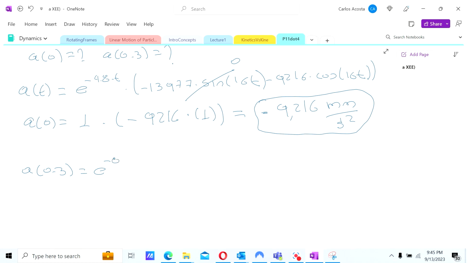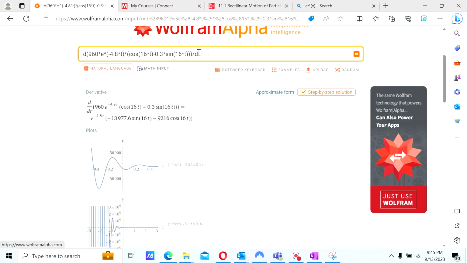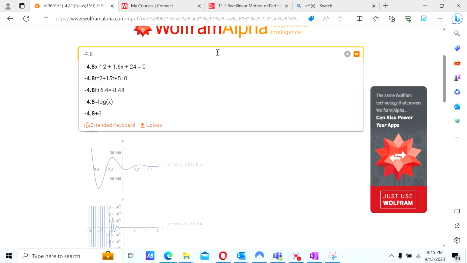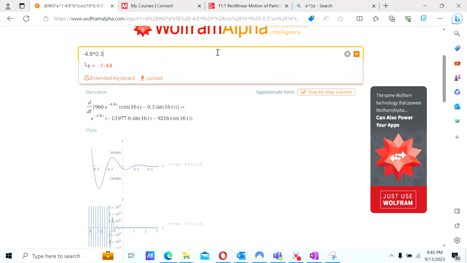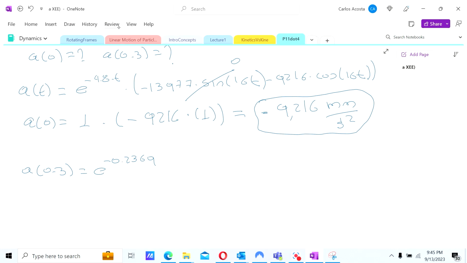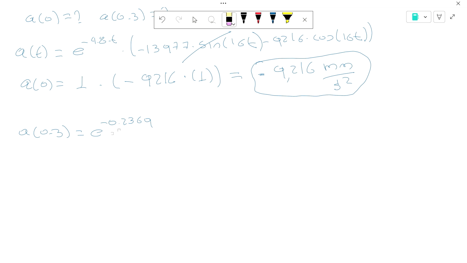So if you do negative 4.8 times 0.3, oh no, my bad, we have to evaluate the whole exponent. Yeah, 0.2369. I just wanted to confirm because that would be pretty bad.